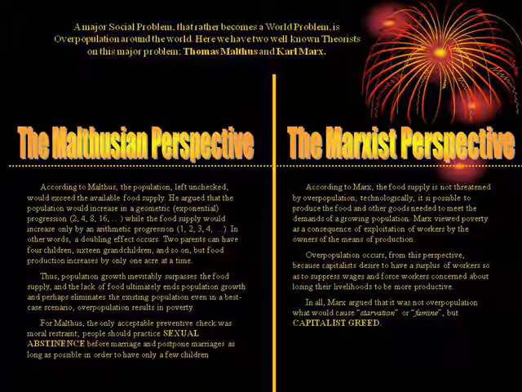However, Karl Marx completely invalidated Thomas Malthus' idea there, right? Because according to Karl Marx, and Karl Marx was a conspiracy theorist, right? It's not about food supply. According to Karl Marx, technology could take care of that, right?